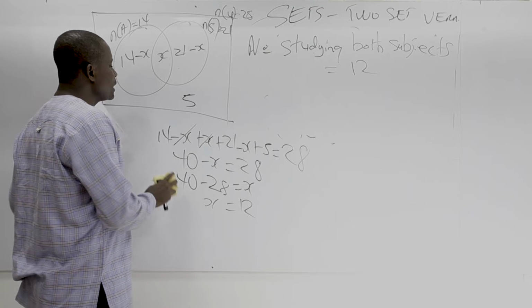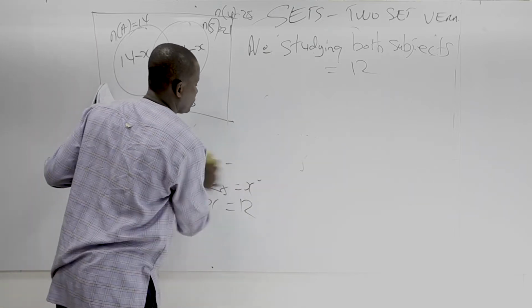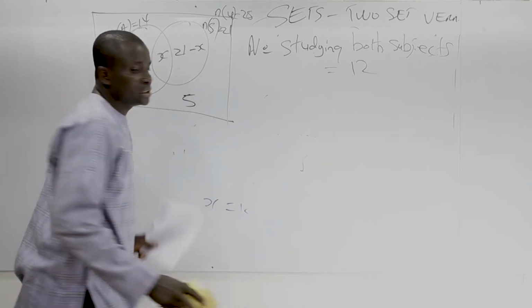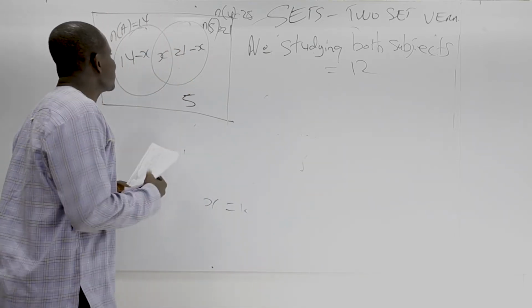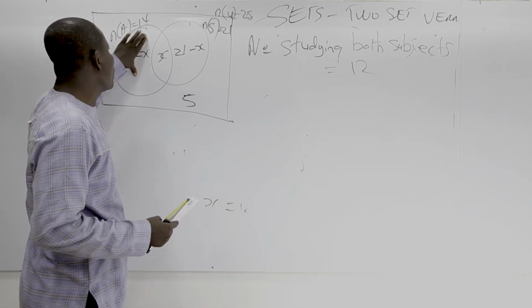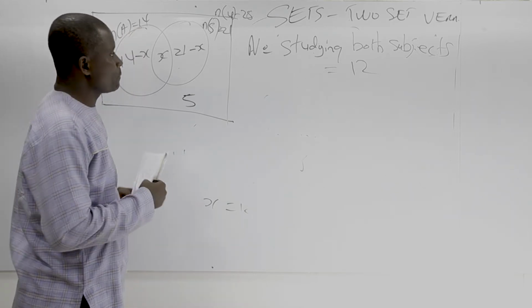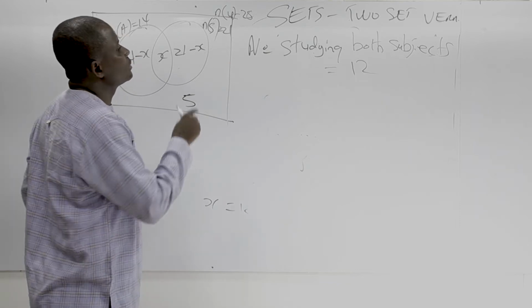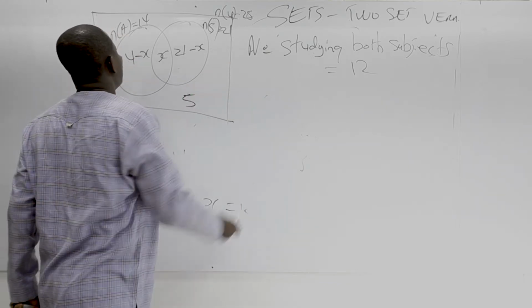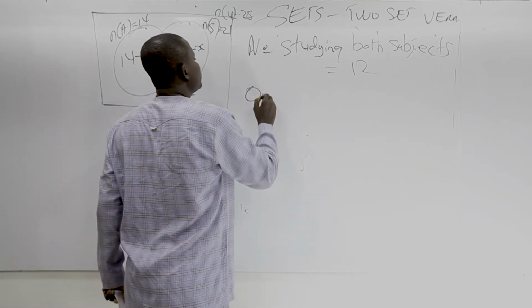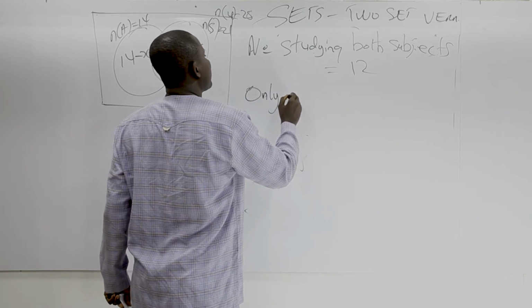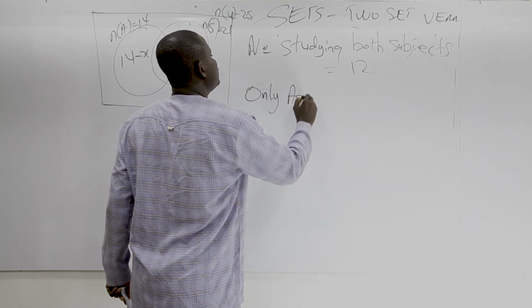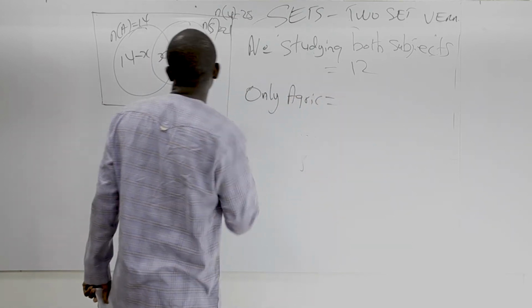So now that we've been able to calculate for x, we can proceed. But after finishing, I'll tell you an alternative way of solving for the x. So here now, let's see. Both subjects is that. So let me ask you, students studying only agric is equal to what?